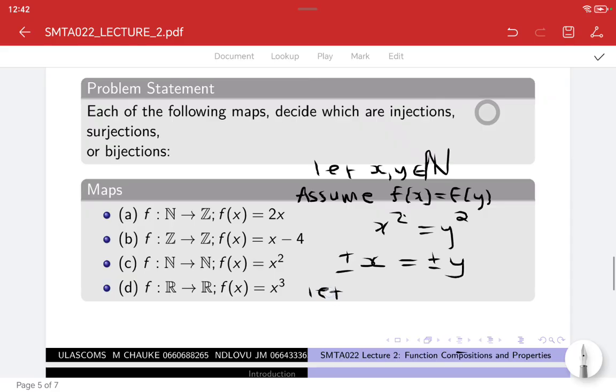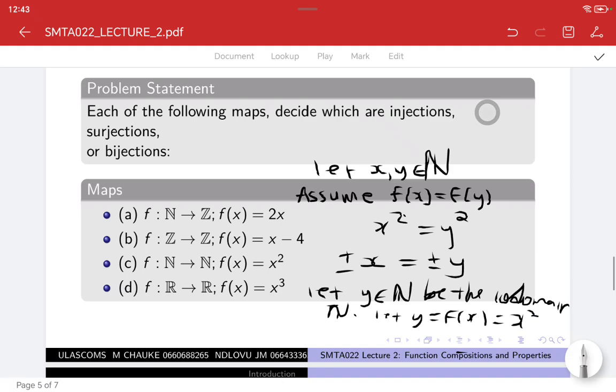We let y be an element of n, let this be the codomain n. And then we now say let y be equal to f of x, which is equal to x squared.